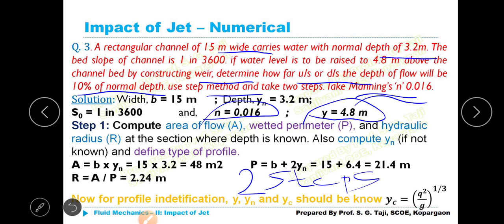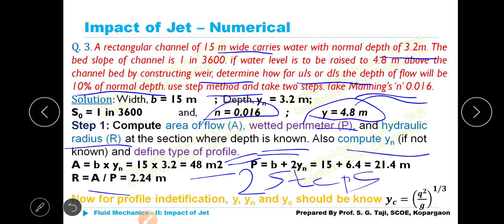Step 1, what we have to do? Compute the area of flow A, wetted perimeter P, hydraulic radius R at the section where depth is known. Also compute yn if not known and define the type of the profile. How to do it? We will see. Capital A is equal to B into yn, that means 48 meter squared.